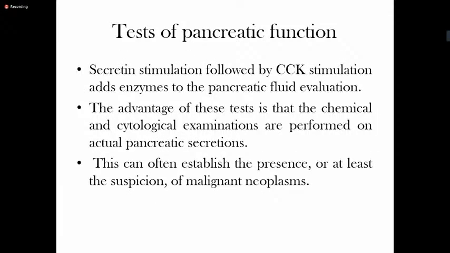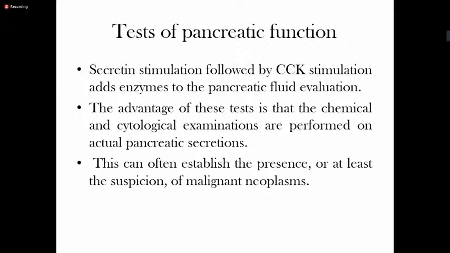Secretin stimulation is followed by cholecystokinin stimulation, and this adds enzymes to pancreatic fluid. So when we want to do direct pancreatic function testing, we inject patients with secretin, and secretin will stimulate production of cholecystokinin.